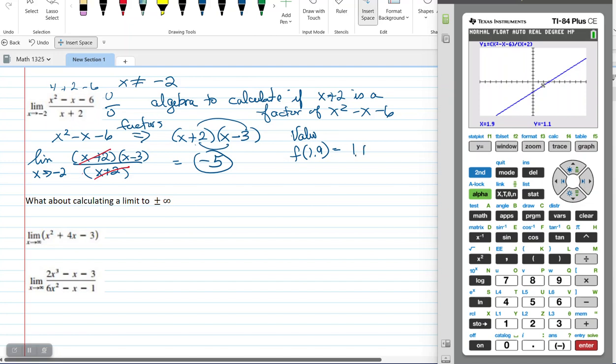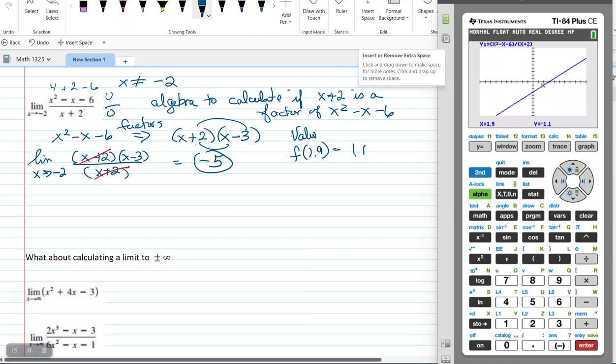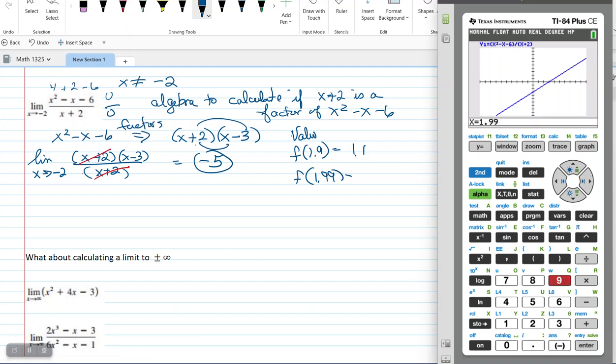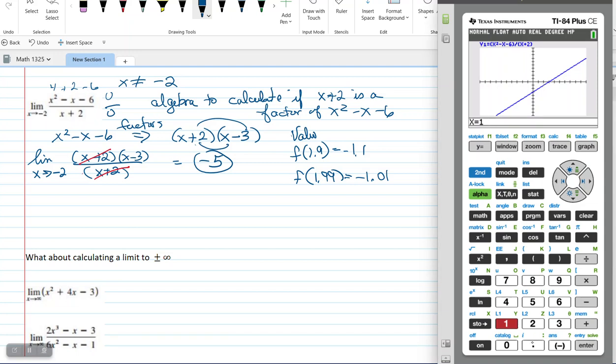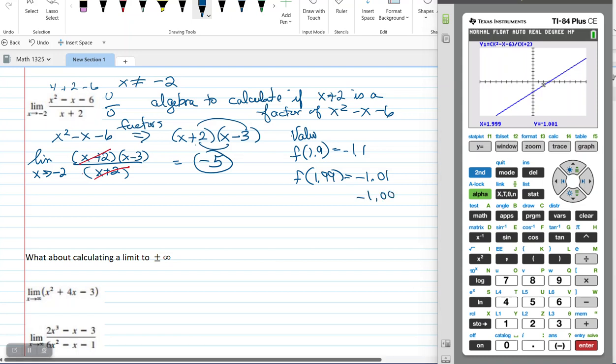And then I can do f of 1.99, and enter, and I'm going to get, and that was a negative, sorry about that. Negative 1.01. And then I'm going to do 1.999, very close to 2, and I get a negative 1.001.